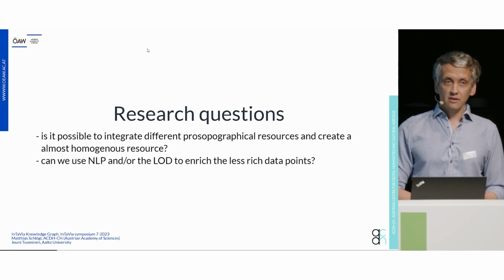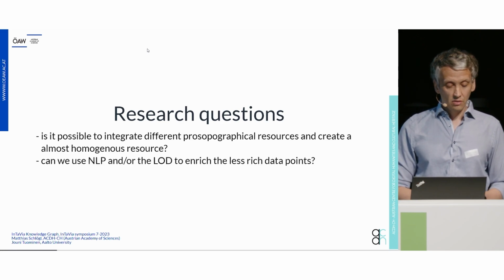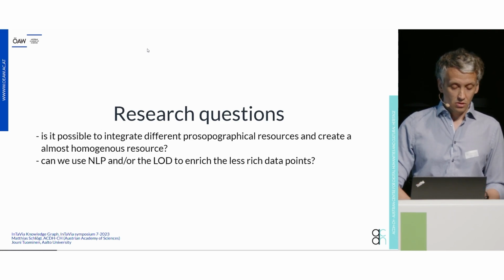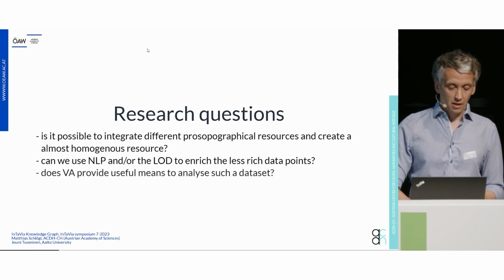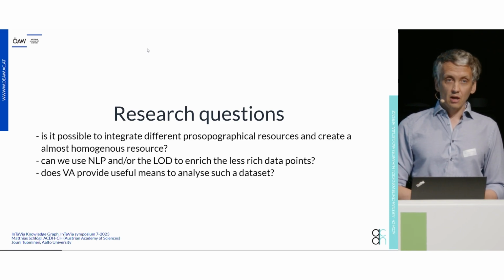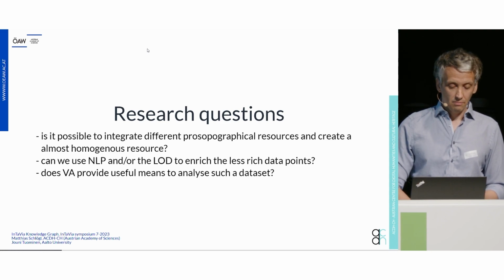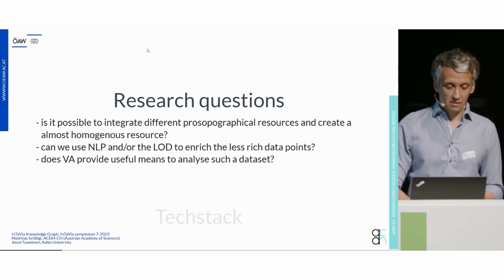Then, on top of that, in another work package, if it's possible to enrich that data source with NLP and also with linked open data, which is what we're actually doing in the backend. And then, if we can gain insights with the methods of VA on such a data set.